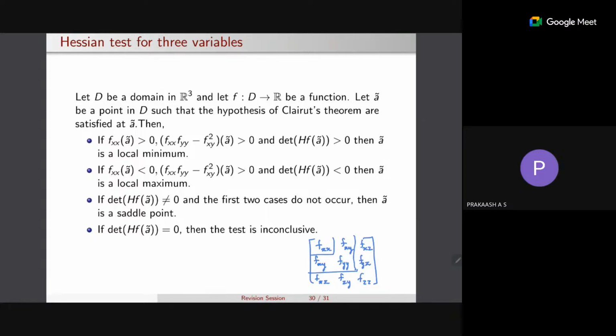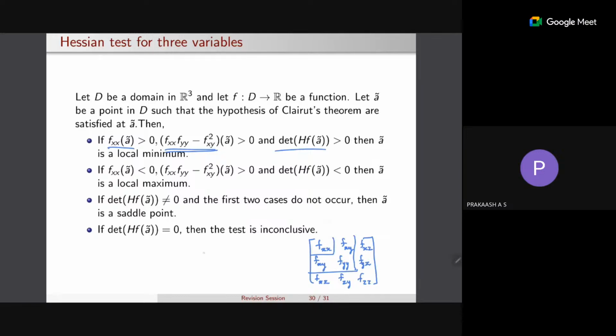You look at the determinant of that, that is fxx fyy minus fxy square, which is over here. So this is the determinant of the leading 1 cross 1 matrix. This is the determinant of the leading 2 cross 2 submatrix. And this is the determinant of the whole matrix, which you can also think of as the determinant of the leading 3 cross 3 matrix.